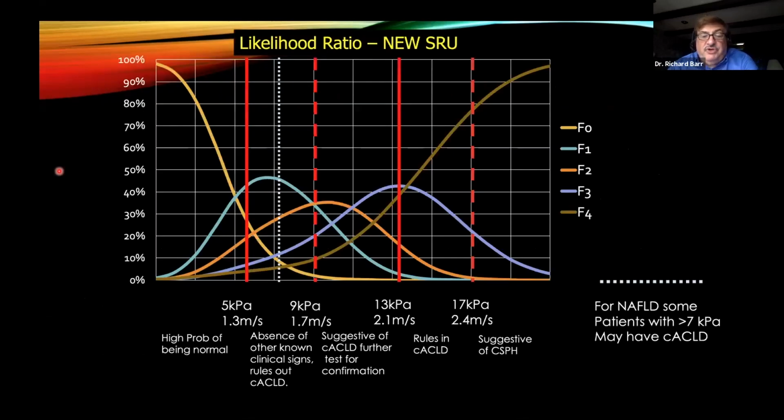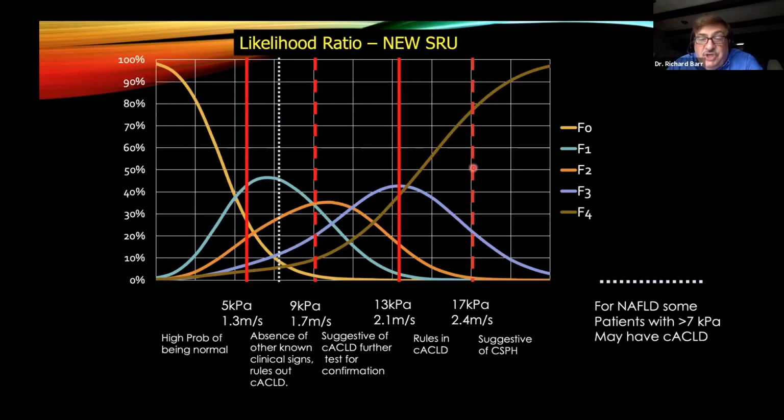So here's our new SRU table, and again, we left basically the low cutoff value the same. We moved the high cutoff value down from 15 kilopascals to 13 kilopascals, so we include more F3s that are going to be probable to have compensated advanced chronic liver disease.